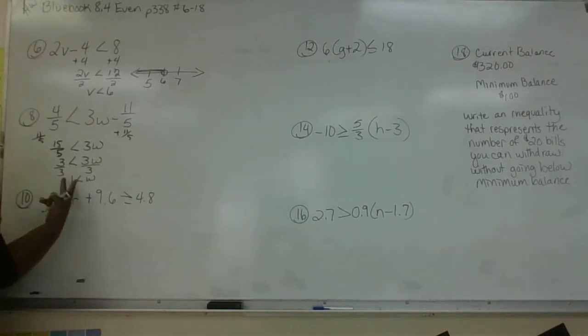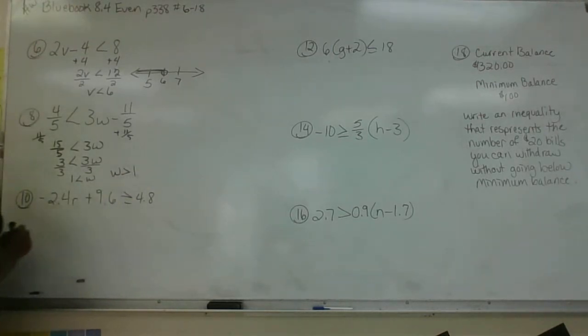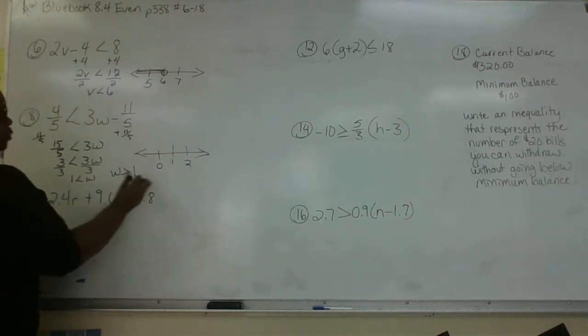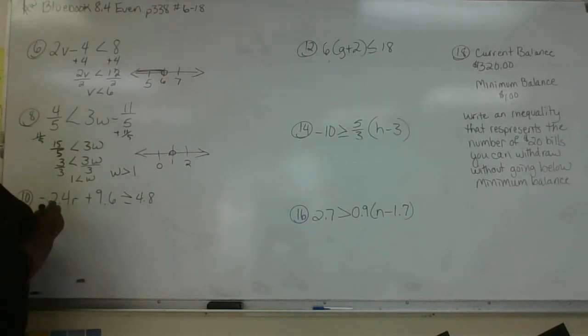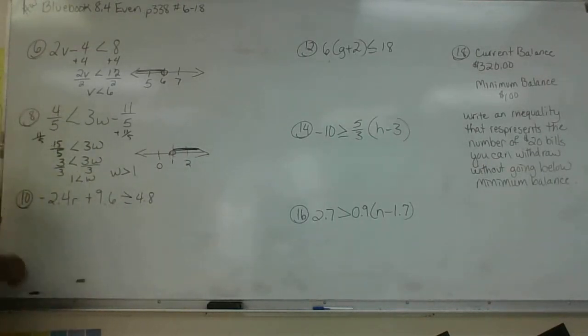We want to flip this around so our answer will begin with our variable, so w is greater than 1. Therefore, when we graph, we start at 1, and we want all integers that are greater than 1, but do not include 1.